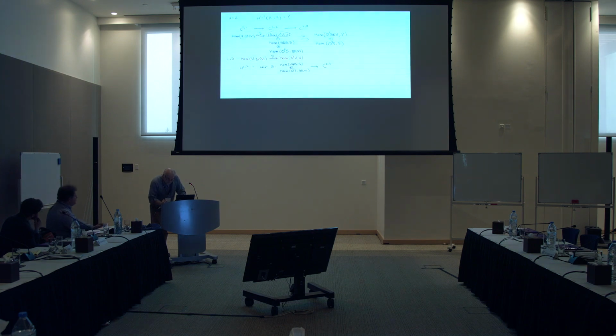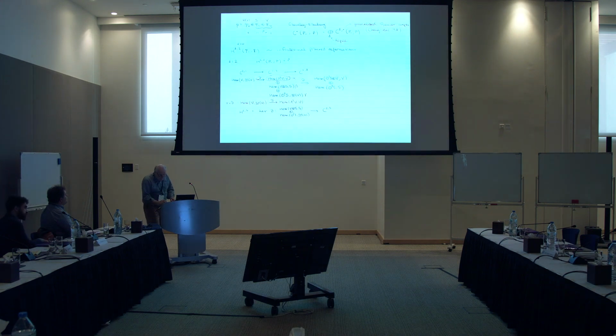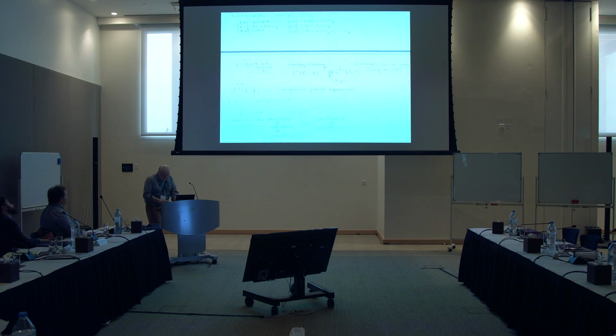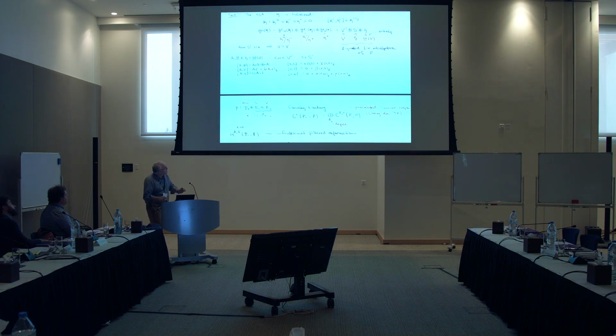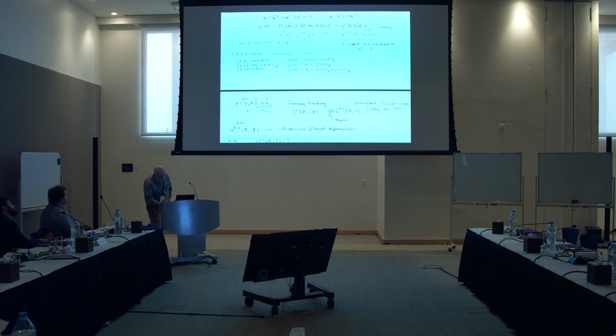Let me give names to the different components of the cocycle. This one I call alpha, this is beta, and this is gamma. These alpha, beta, gamma are exactly those maps.